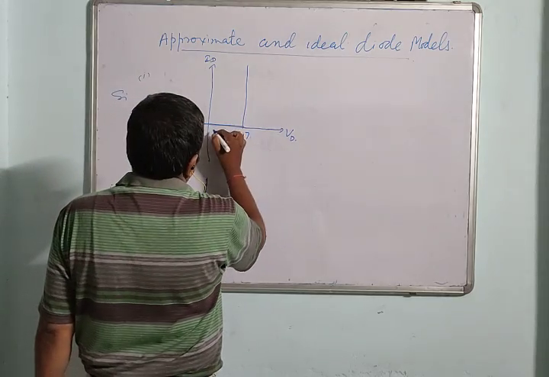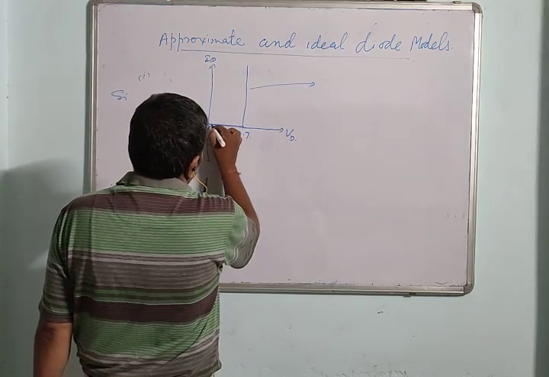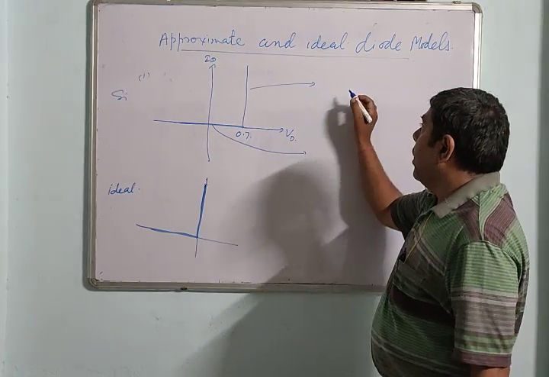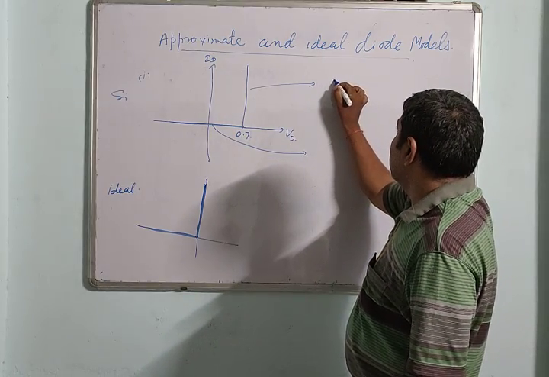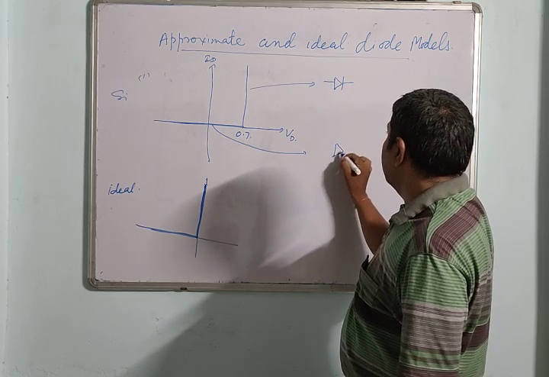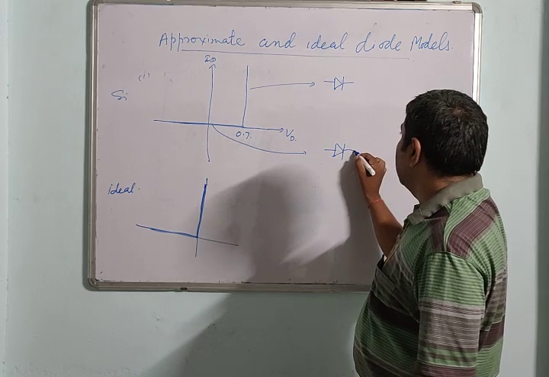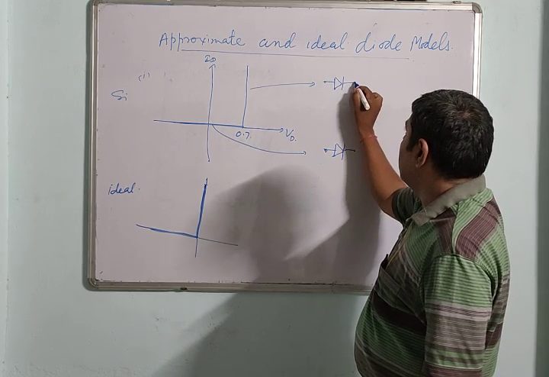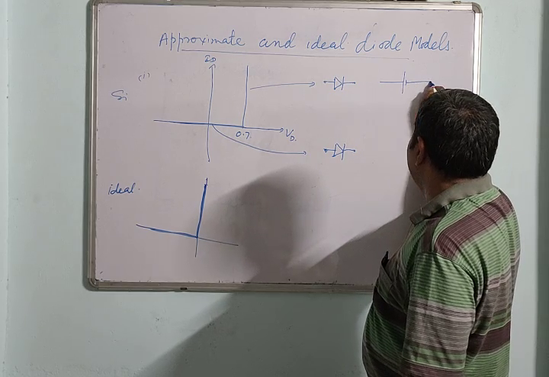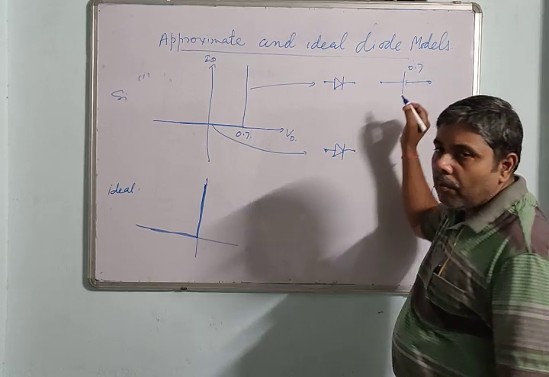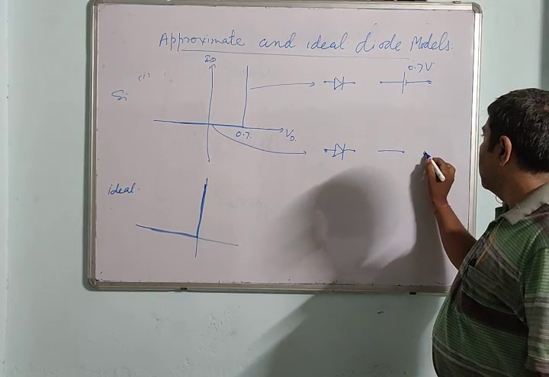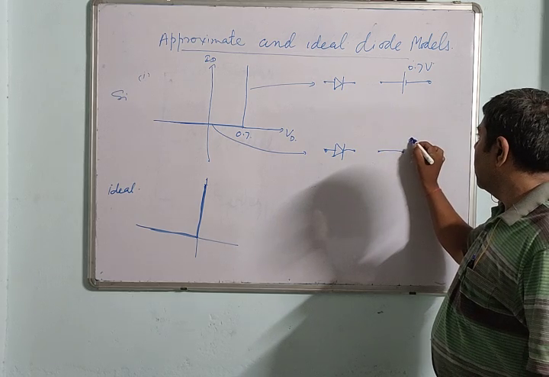We have two parts here, for this part and for this part. In this part you can see this diode symbol, and we can use a battery of 0.7 volt, and for the other part you can use open circuit.